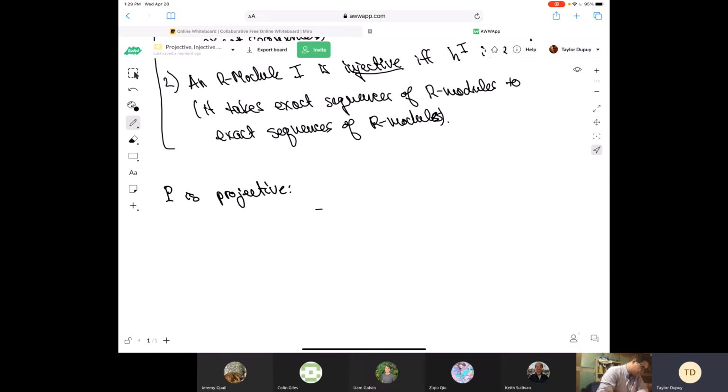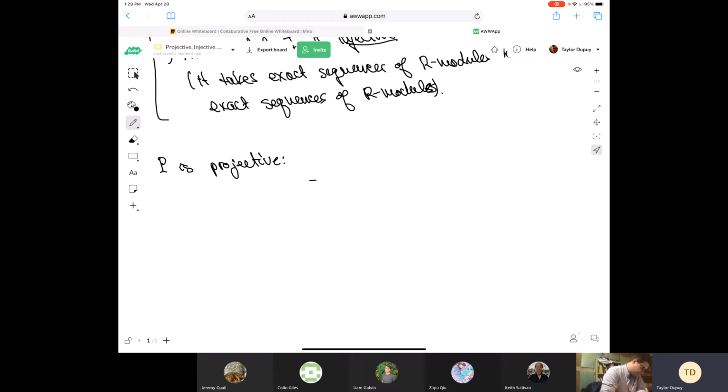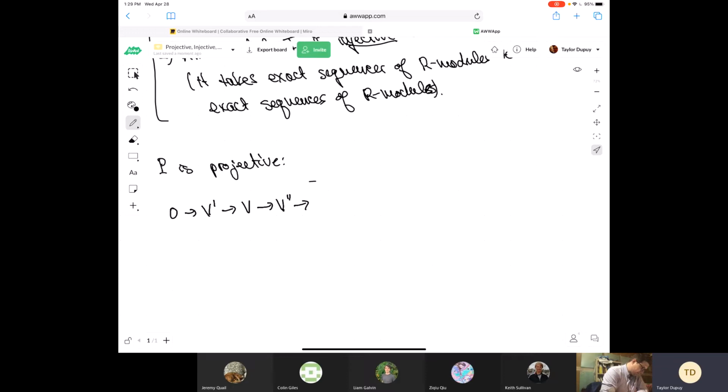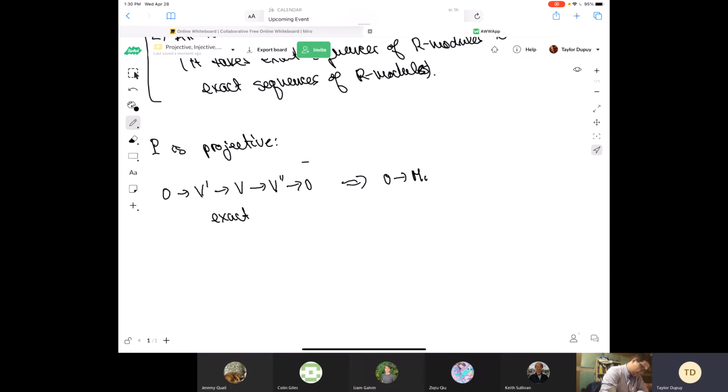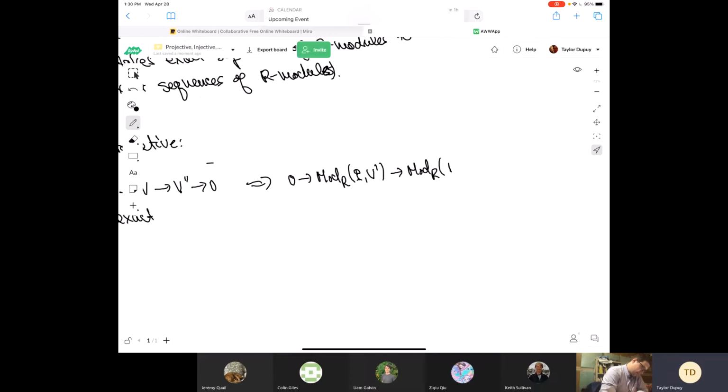Let me remind you what this is: if this thing here, 0 to V prime to V to V prime prime to 0, is exact, this implies that this map here, 0 to mod R of P and V prime, to mod R of P and V, to mod R of P and V prime prime, to 0, is exact.